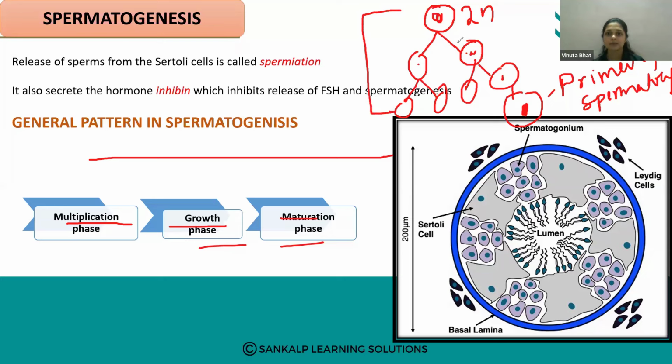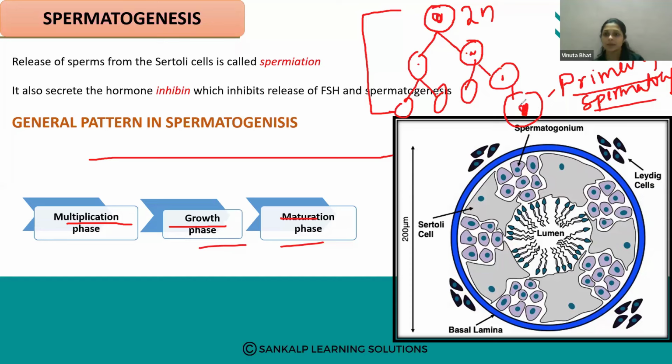The first phase is the multiplication phase. Multiplication phase means the spermatogonial cells undergo multiplication and increase their number. And one of the spermatogonial cells that undergoes maturation is called the primary spermatocyte.